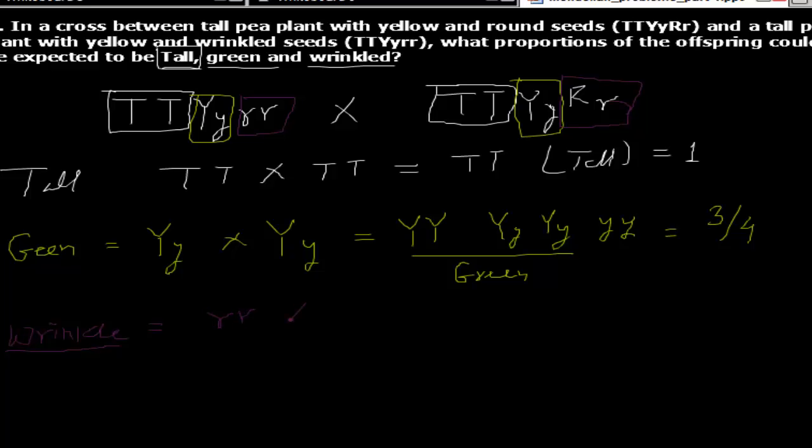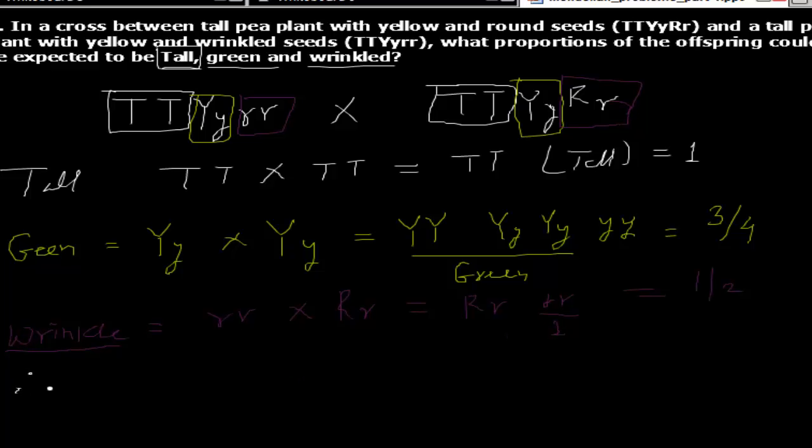So this is the cross we will study, and after this we will get only two types of genotype, that is R small r and small r, small r. So the total fraction will be 1/2, because the wrinkle in this particular case is only this one.